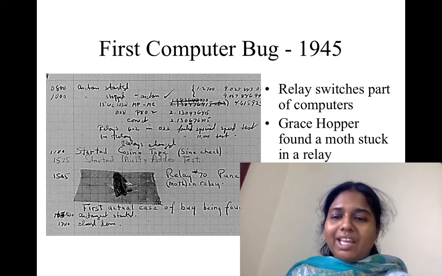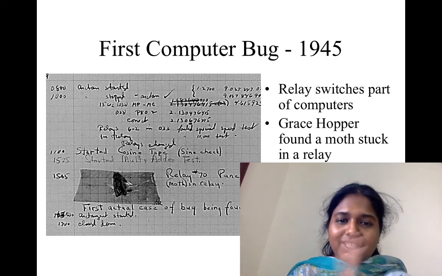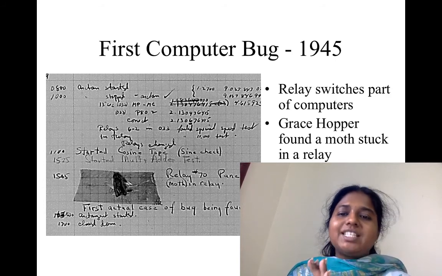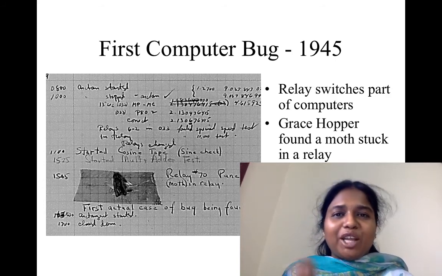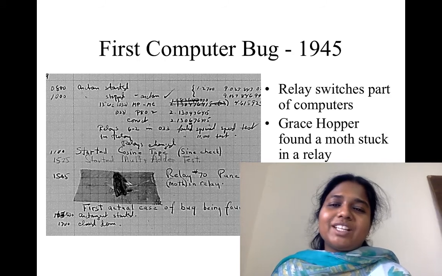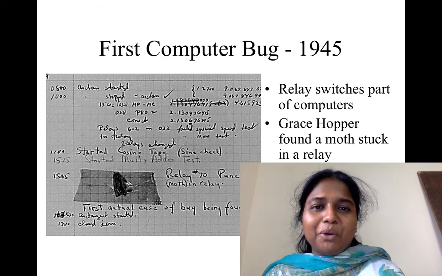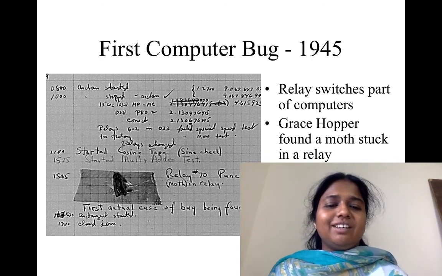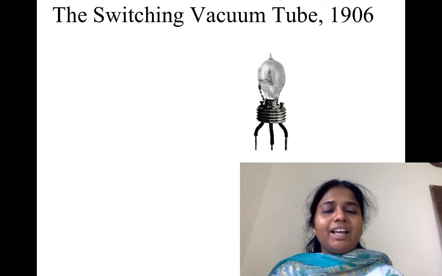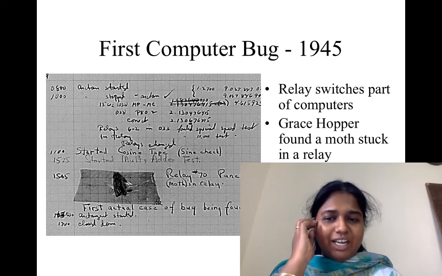When she looked back inside the computer, she saw that a moth had stuck on the punched cards, which was why the computer was not able to give the right answer. So that's how they started calling an error a computer bug. This is the history that goes back to it. And Grace Hopper was the one who found that first bug.